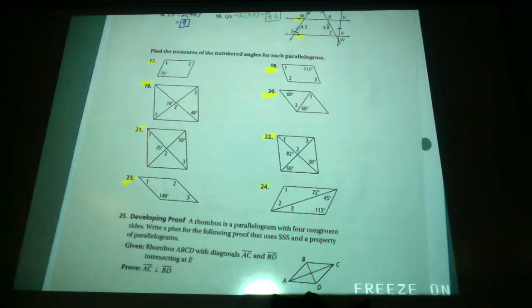Anybody else? It says corresponding angles. No, corresponding angles.